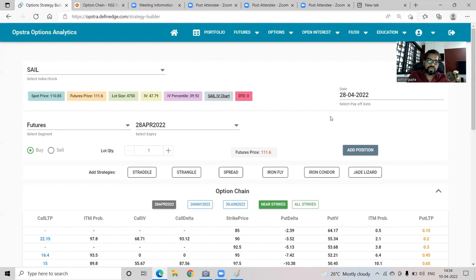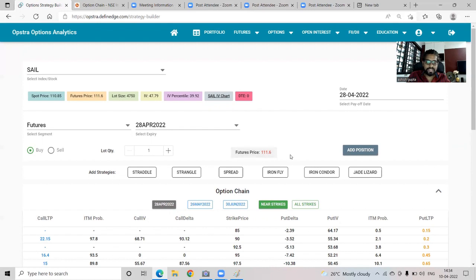So whenever there's news and the stock is moving in one direction, look for skew, look for strikes where IVs are higher, and see if you can make a ratio spread. Don't go with a 1:3 ratio at the start. Just try to do 1:2 and take good safety in terms of the percentage move in the stock.